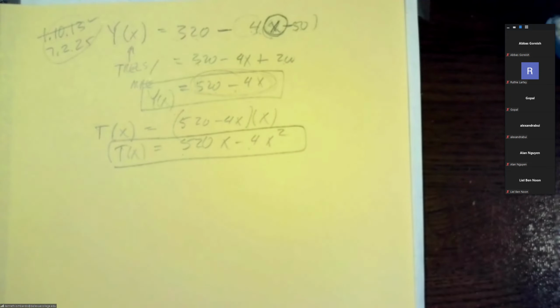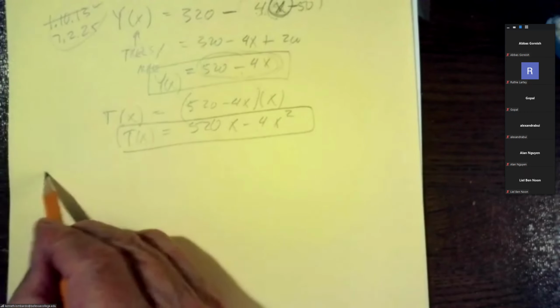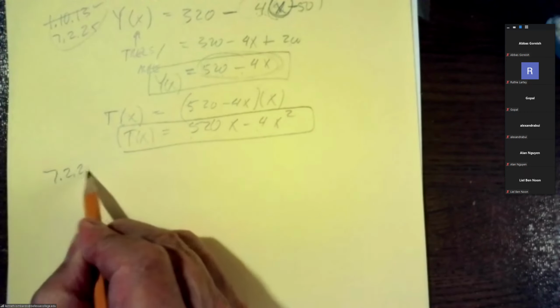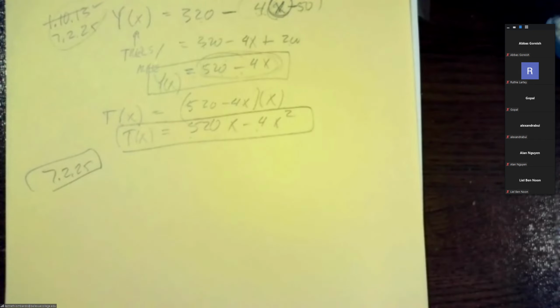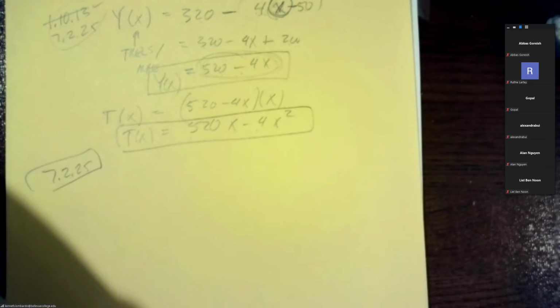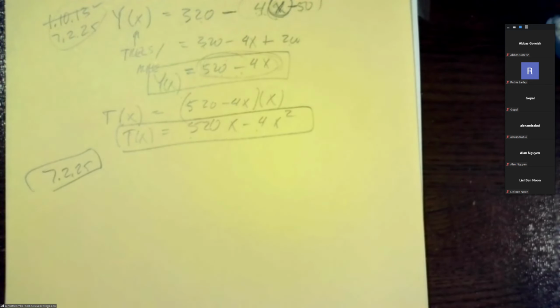How does that read? Let me read how they're phrasing that. Solve each system. And so 25. Oh, okay.